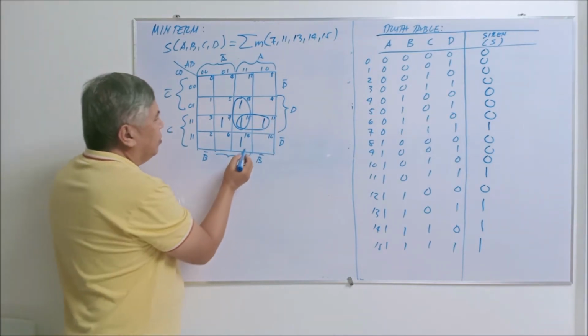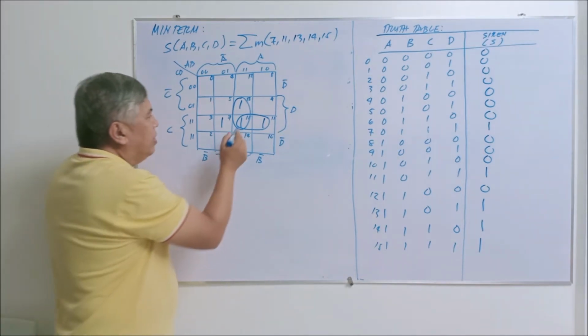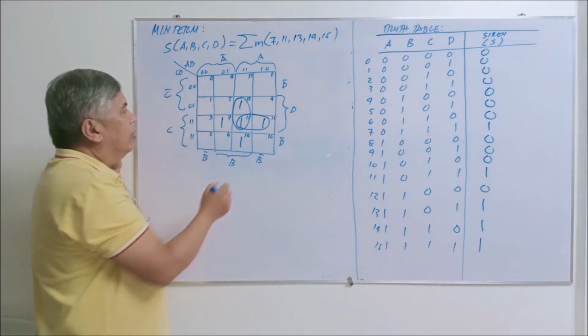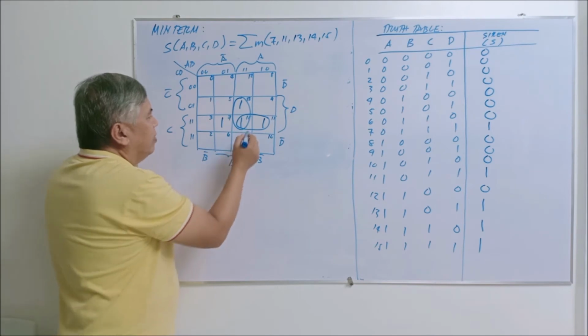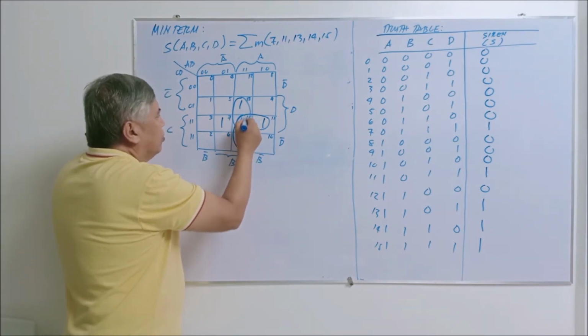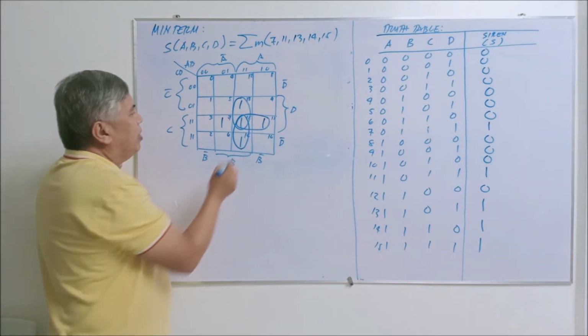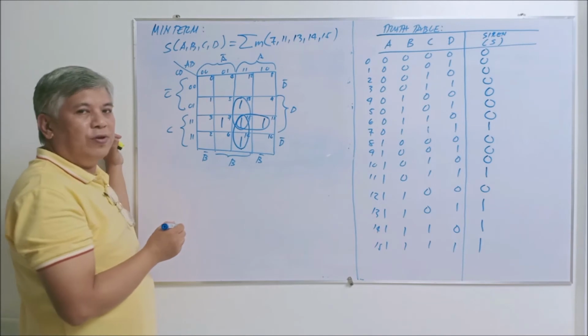And then if you notice that 14 here is also adjacent to 15. Even if 15 has been used in the other grouping, we can still use 15 for the grouping in that manner. Okay? So we make use of 15 to group 14.